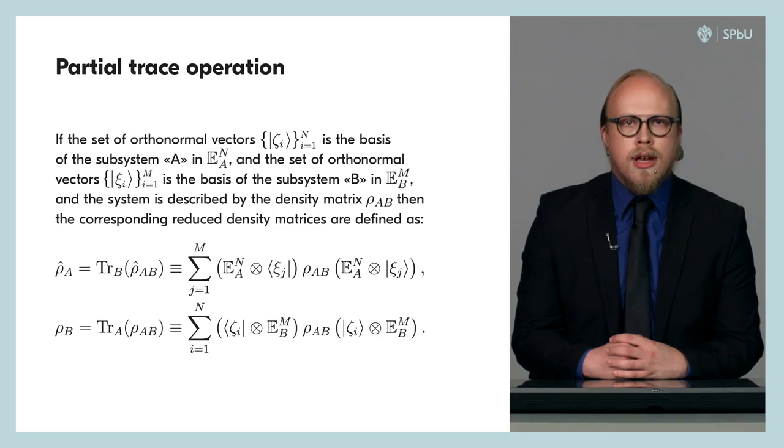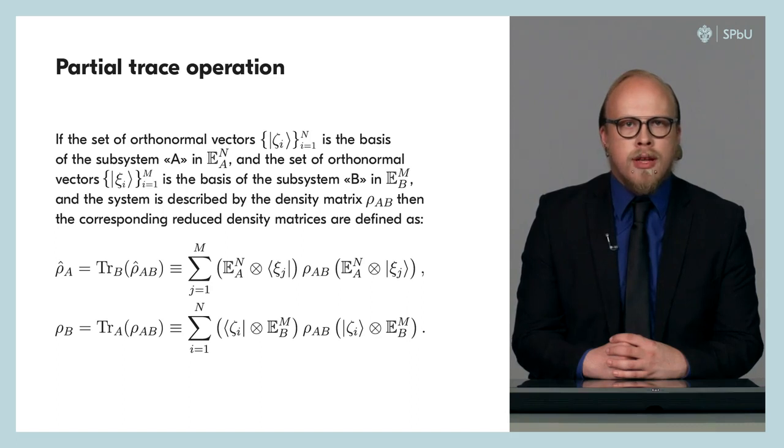In these definitions, the set of M vectors psi i is an orthogonal basis for system B, and the set of N vectors zeta i is a basis for system A. Note that this basis can be chosen arbitrarily. In addition, with the help of E_A, we denoted the identity matrix of dimension n by n for system A, and with the help of E_B, we denoted the identity matrix of dimension m by m for system B.